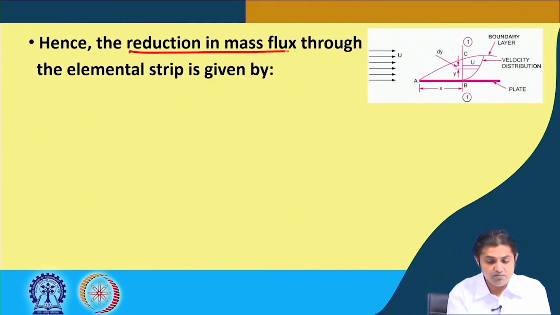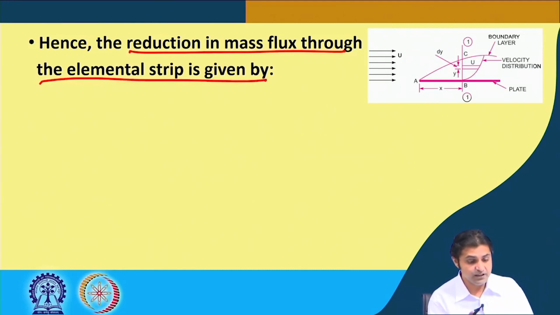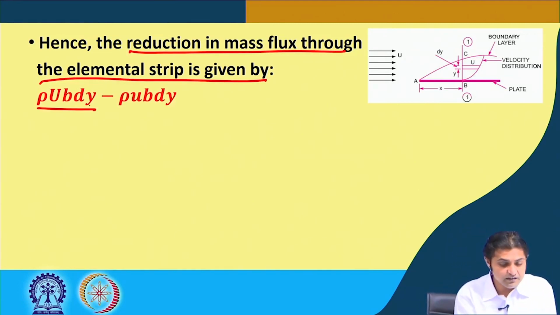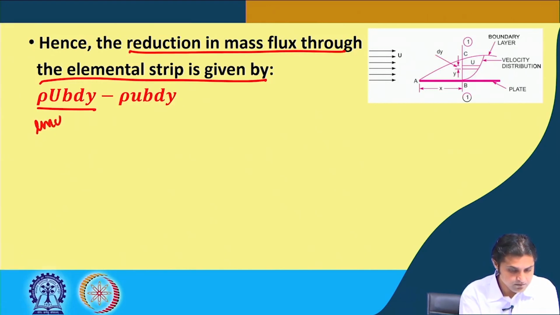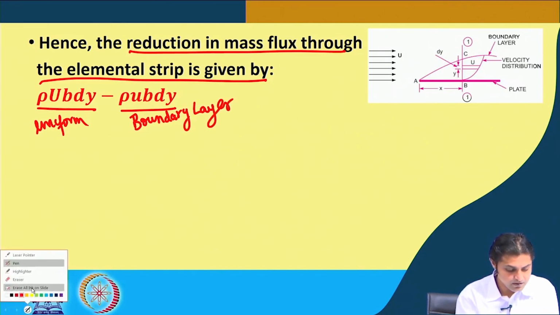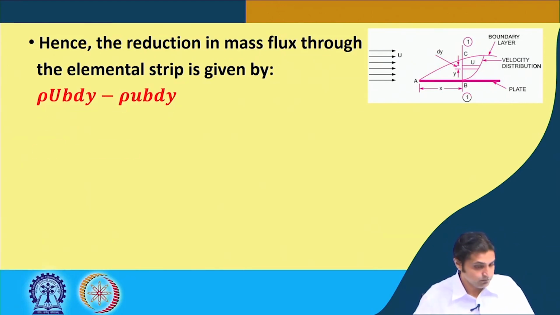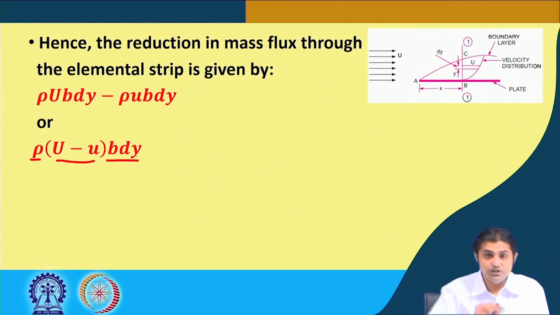Therefore, the reduction in the mass flux through the elemental strip compared to the uniform velocity profile will be the difference of the mass fluxes, that is in the boundary layer. Or if we take rho outside, and B and dy outside, it becomes rho into U minus u into B dy.